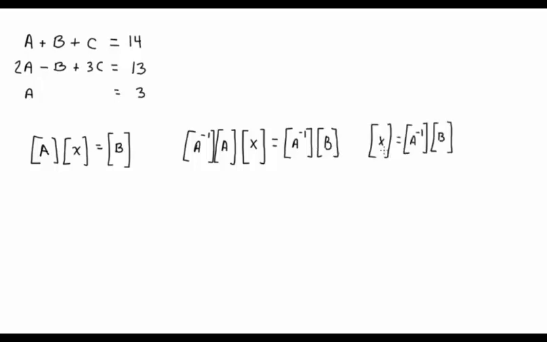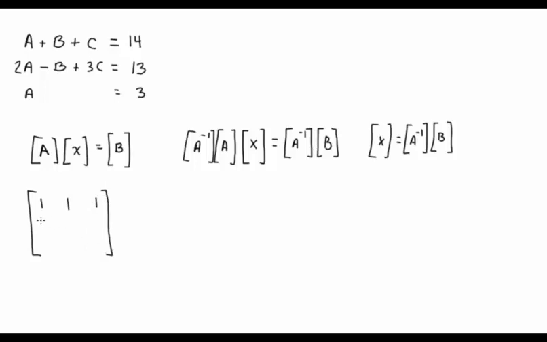And so now here the matrix X, the A, the B, and the C, the thing we're trying to find, is solved by finding the inverse of matrix A times matrix B. So what is matrix A? Well, matrix A, not to be confused with the A we see up here, is a matrix of the coefficients. So the coefficient of A is 1, the coefficient of B is 1, the coefficient of C is also 1.